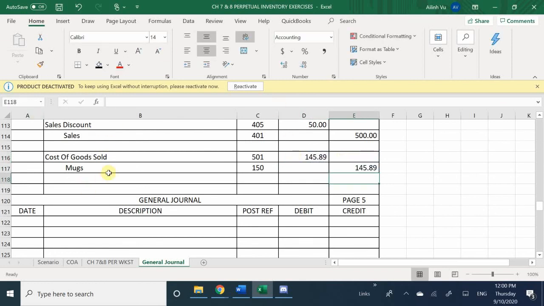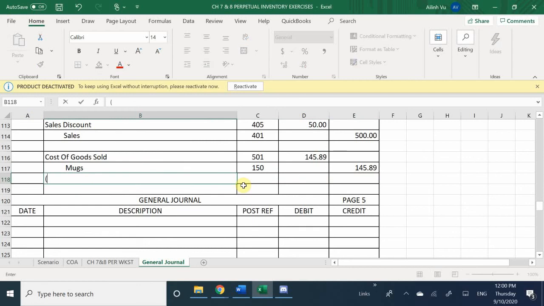Okay, and I'm going to go ahead and indicate here, customer C. Actually, no, wait. What did I say? Sold 50 black mugs to customer C. 10% discount. Good.